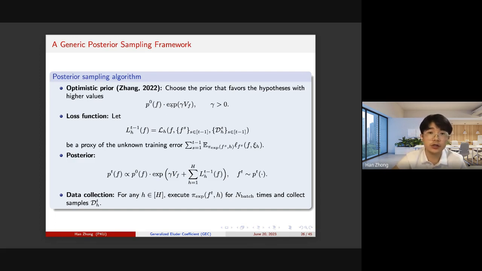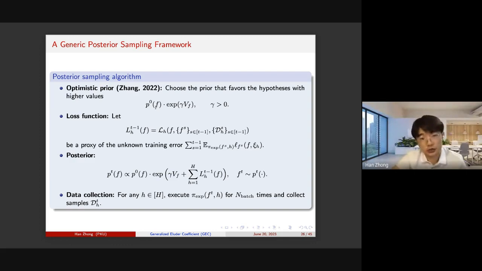The prior is chosen as p_0(f) times the exponential of gamma V_f. In most cases, you can also choose p_0 as a uniform distribution over the hypothesis class.